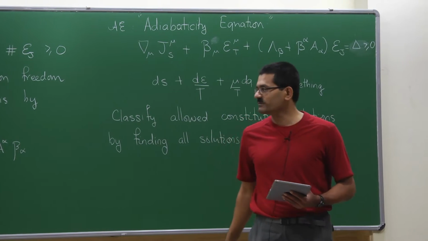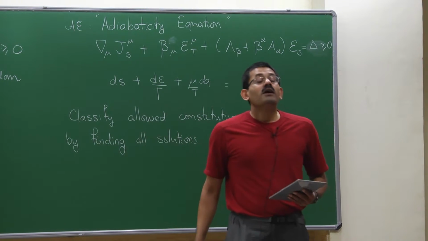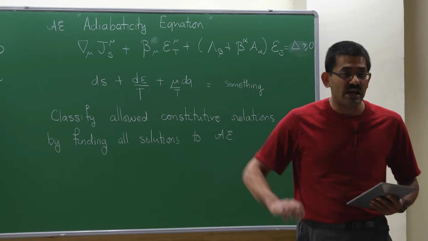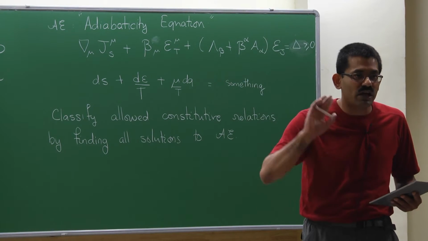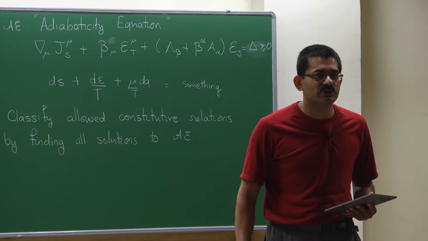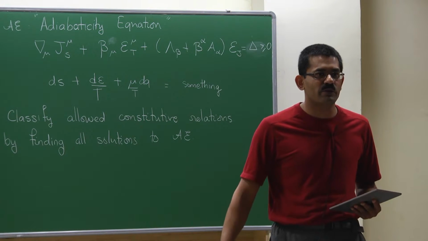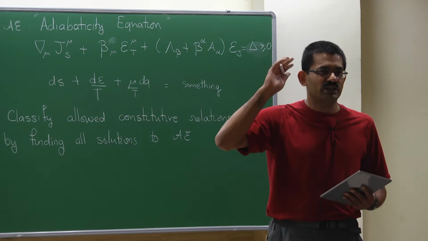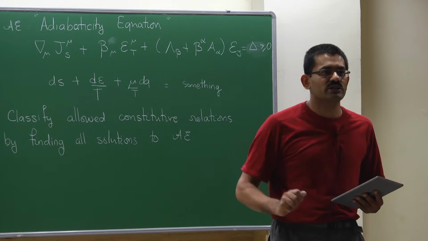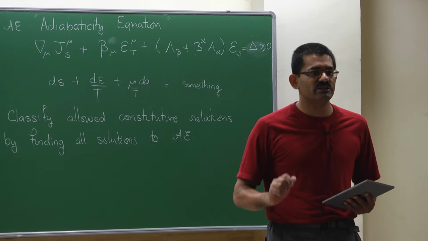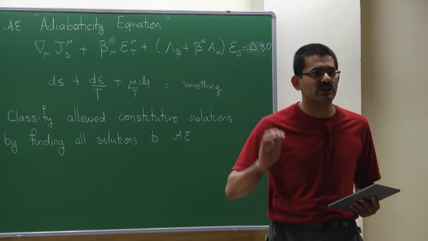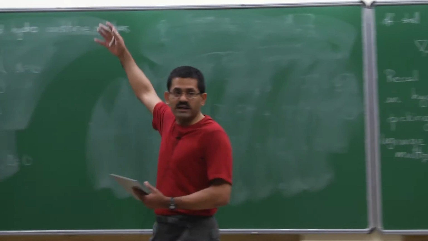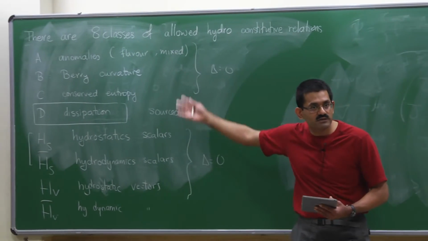I'll explain what that means. Off shell, at this point, I'm being completely agnostic of equations of motion. So forget that you ever heard of equations of motion. We're just going to solve this equation as one set of constraints on 3 currents. And the statement is that one equation on these 3 currents has a classification in terms of these 8 classes, and this is what there is.